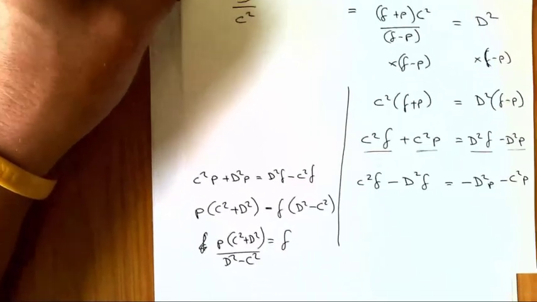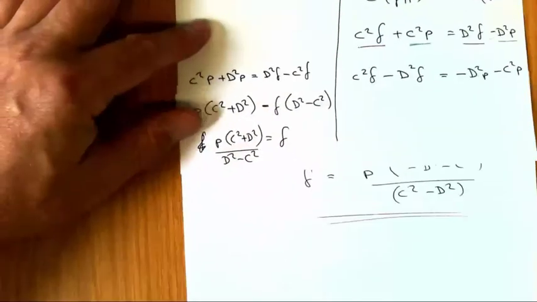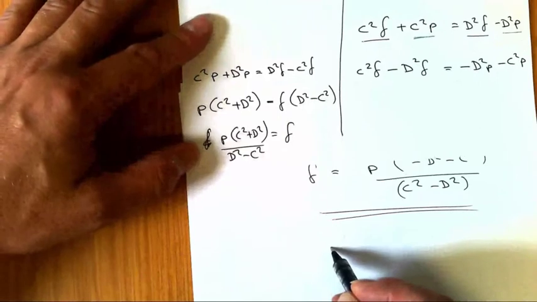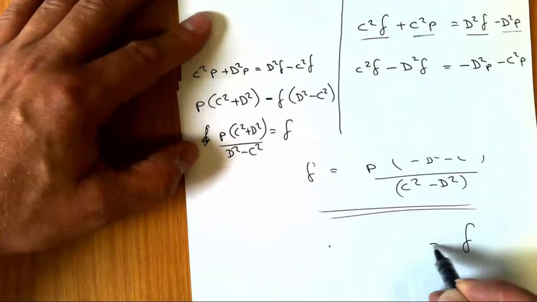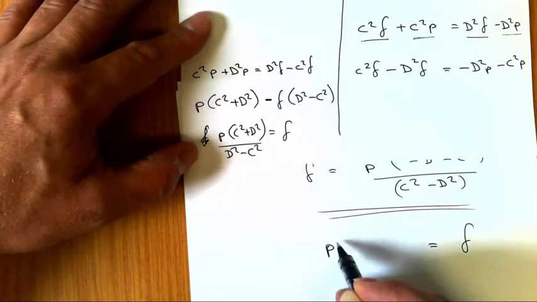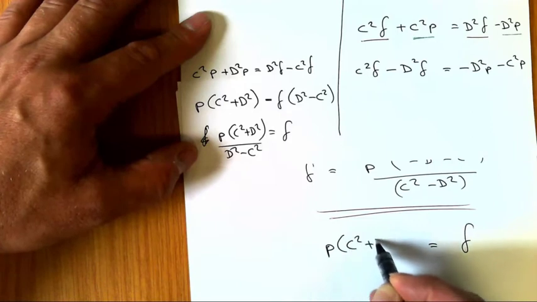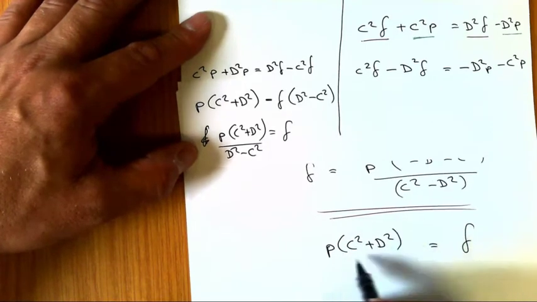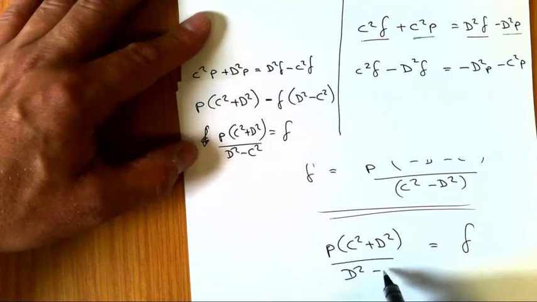In that case, that's our solution there. So if I write that down next to this one, we've got f equals p times c squared plus d squared over d squared minus c squared.